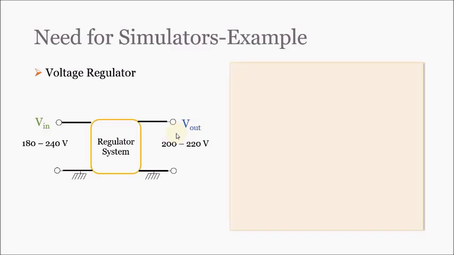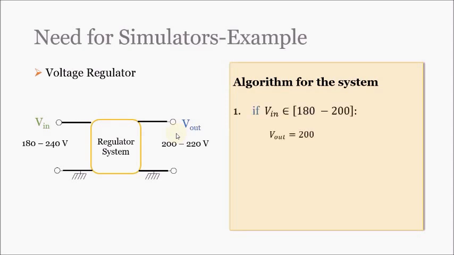This can be simplified and written in the form of an algorithm. If an input in the range 180 to 200 comes into the regulator system, it should boost that voltage to 200. That is the first condition of the regulator system.